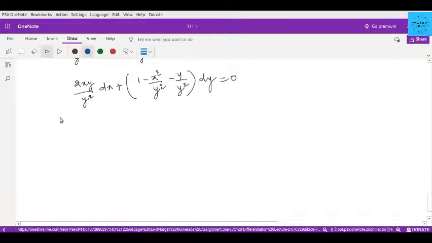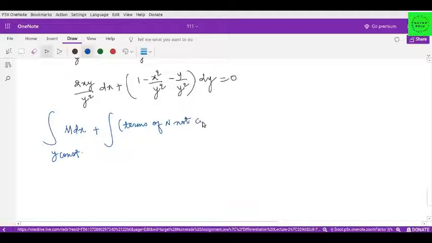So the solution to the problem of this type of differential equation is given as integration keeping y constant M dx plus integration of terms of N not containing x dy equals c.